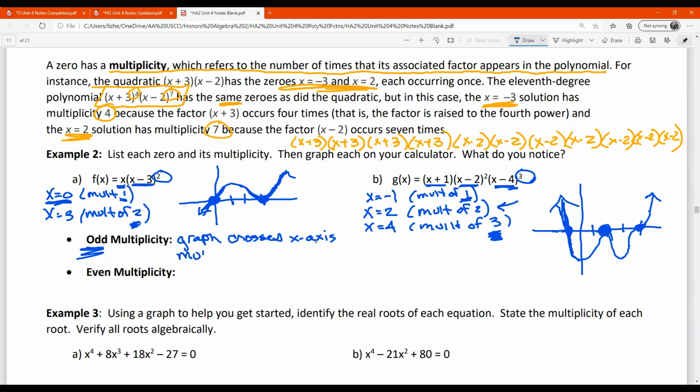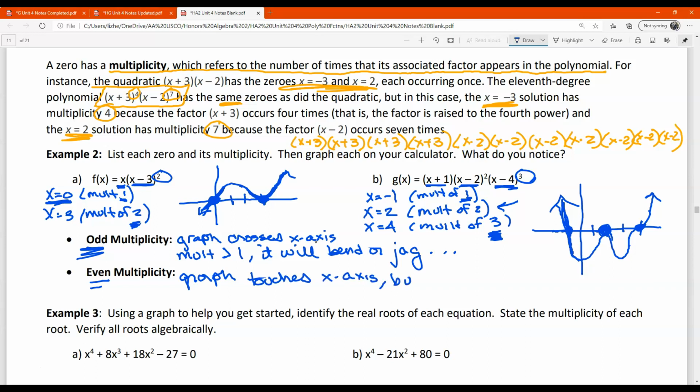And if the multiplicity is greater than 1, it will bend or jag a bit. Okay, even multiplicity, the graph touches the x-axis at that point, but it doesn't cross.